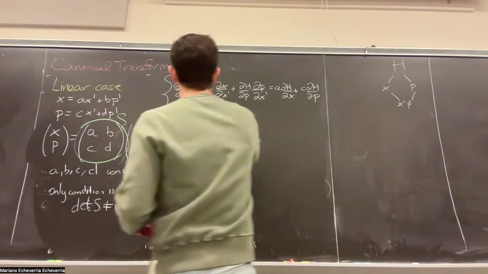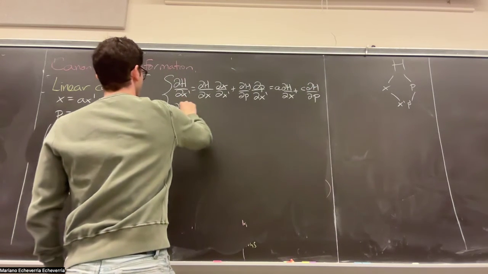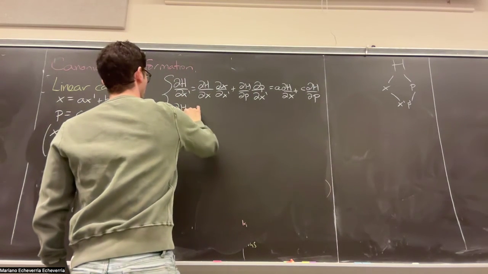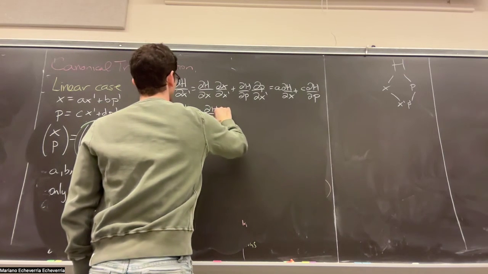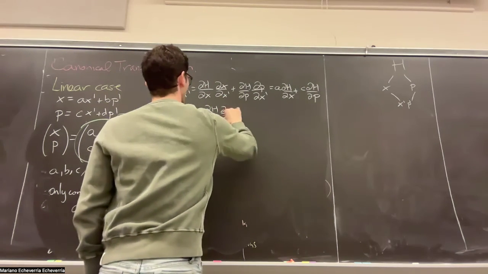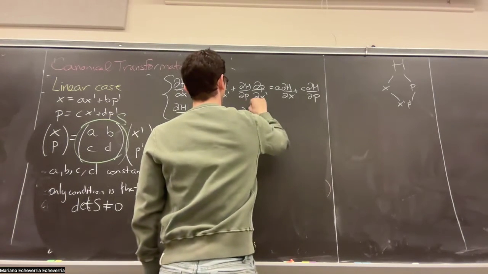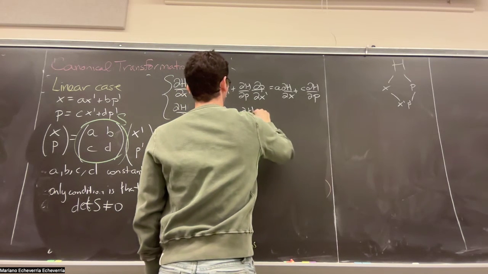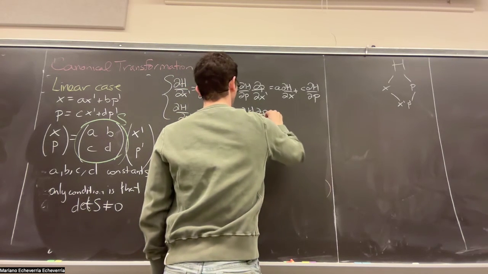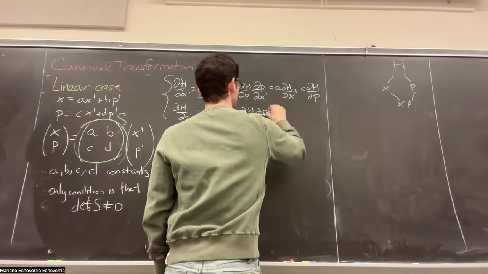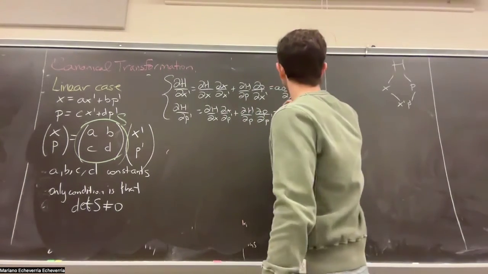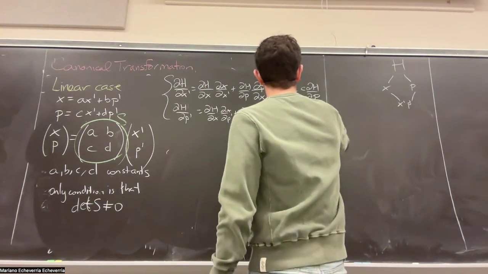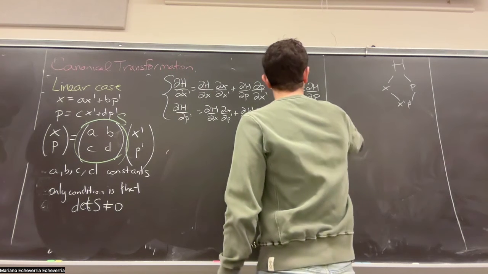And the same goes for the other one, it's the same but with p prime instead. Non-surprisingly, it gives you basically this same structure, but with the other constants.